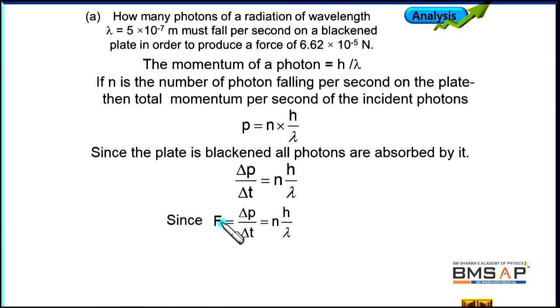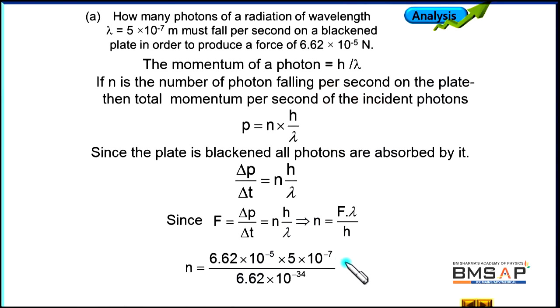n = lambda F divided by h, right. Now, we can substitute the given values. We are given capital F, that is 1.62 × 10^-5, and lambda is equal to 5 × 10^-7 meter, and h, this value is always constant. It has the value 6.62 × 10^-34.